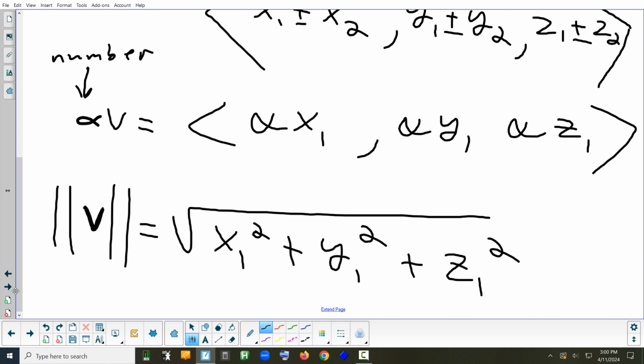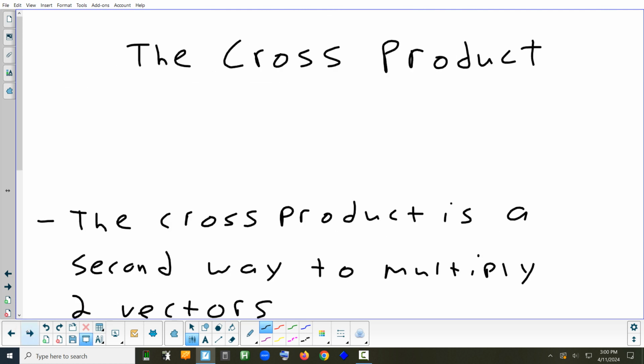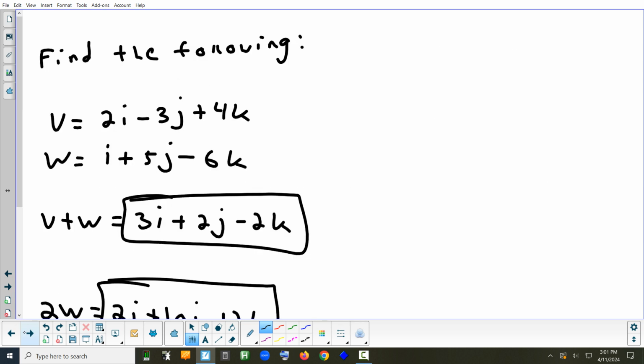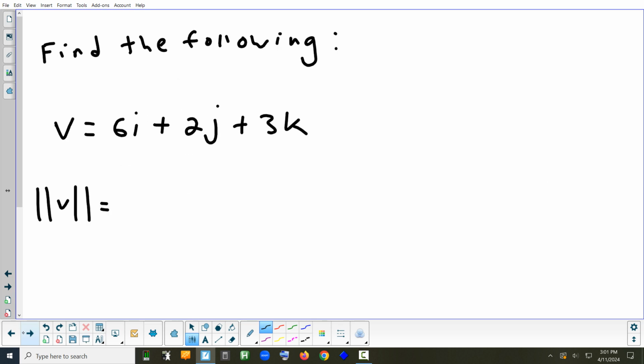Let's go back to our example. And how would we find the magnitude of that one? You take the x and, well, first you'd do it all to, what's it called?